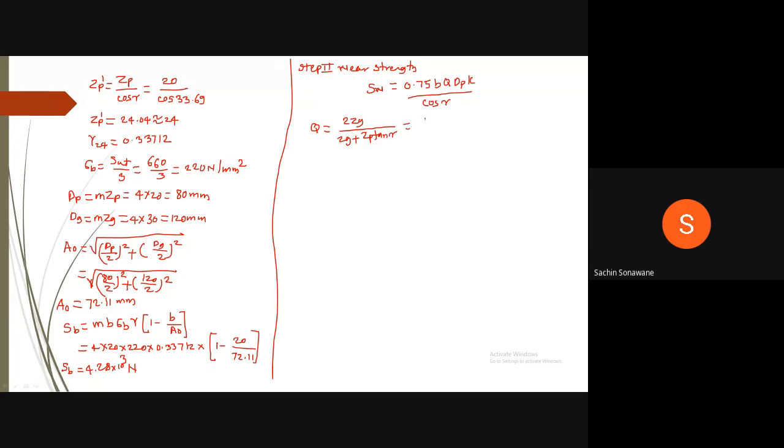Therefore, substitute the values: 2 into 30 divided by (30 plus 20 into tan of 36.87). Therefore, Q is equal to, what is the value?